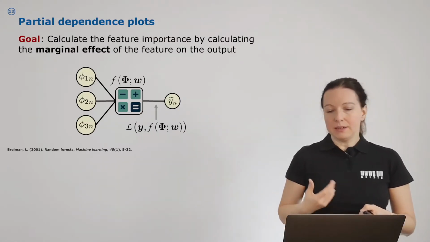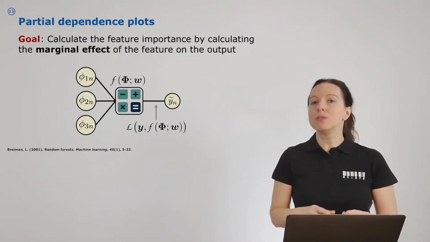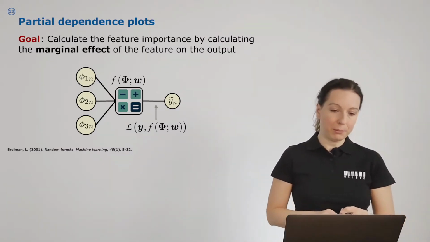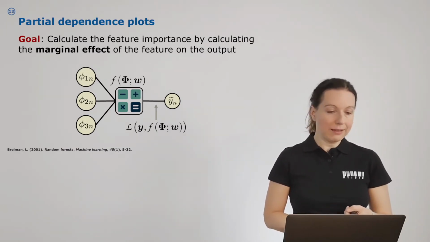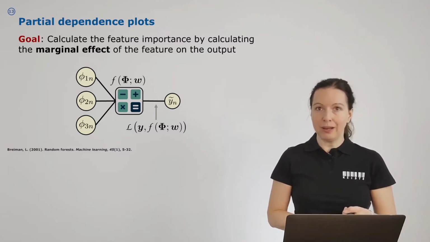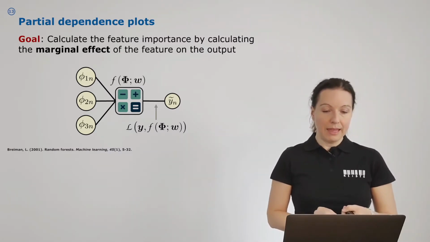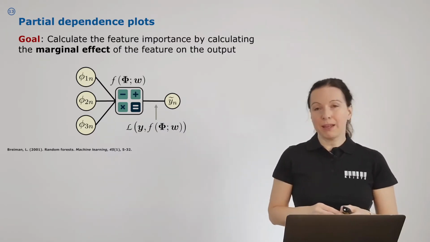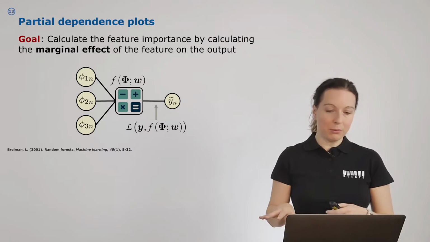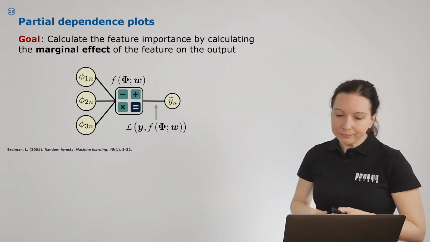Let's have a look at a specific procedure to calculate the feature importance, and this procedure is called partial dependence plots. The goal of partial dependence plots is to calculate the feature importance by calculating the marginal effect of the feature on the output. What the marginal effect is, I will explain in a few seconds with an example, but let me first explain what you can see here.